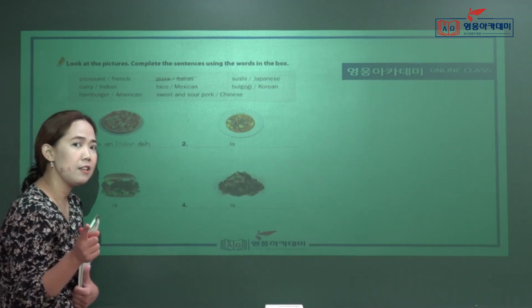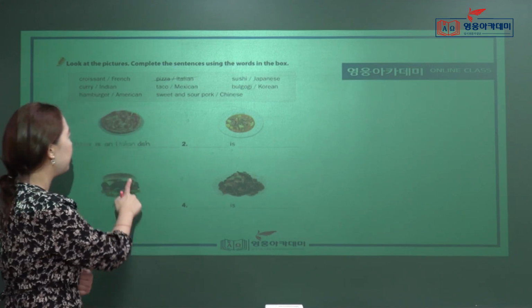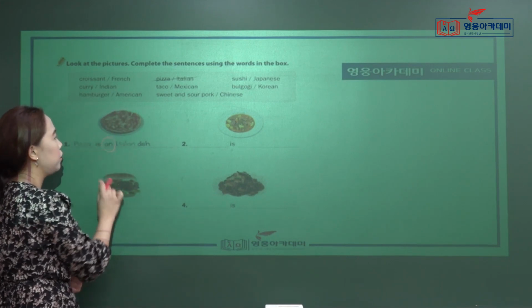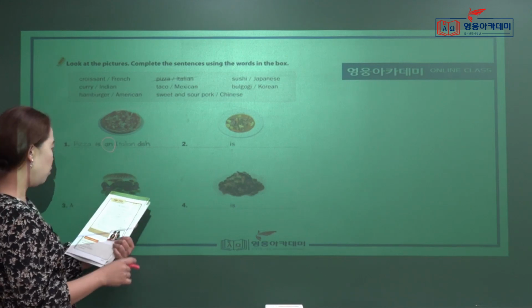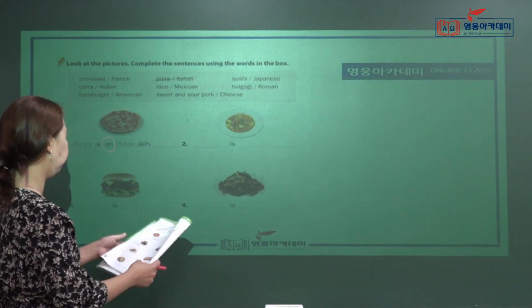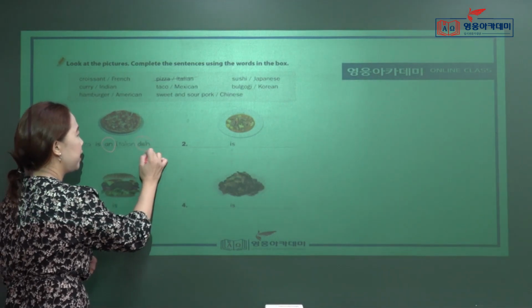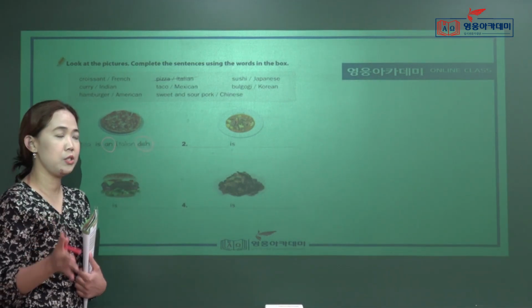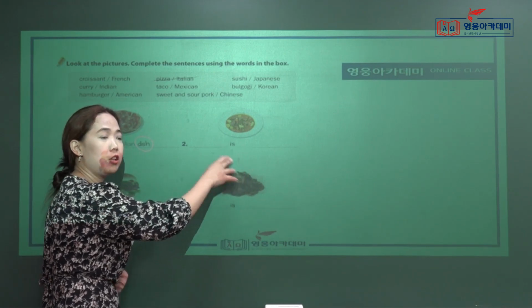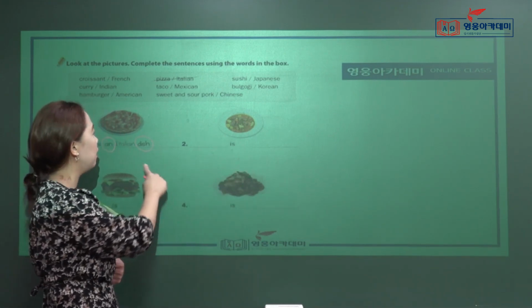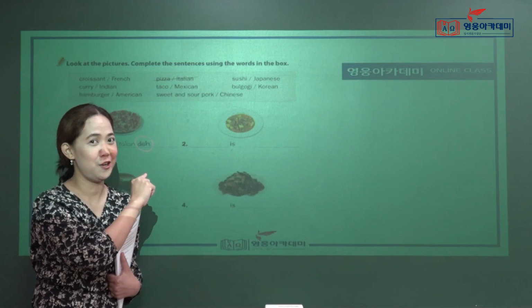But there's a thing you have to remember. Here, you see this article "and" is in bold letters, and also this word "dish" is in bold letters, which means when you write your answers here, you have to write the article "a" or "an" and also the word "dish."